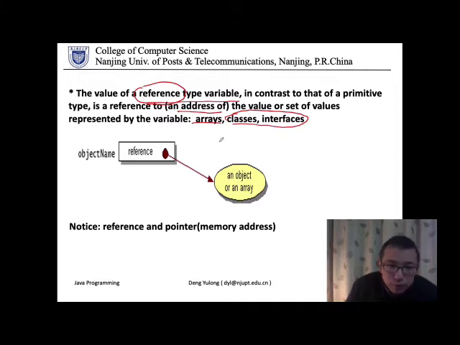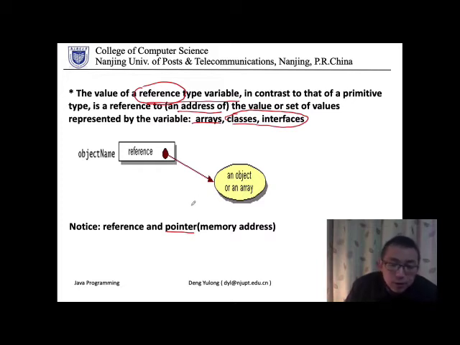So a reference variable here is similar to the pointer variable in other languages. In C or C++, you may have learned about pointers, this kind of variable, that inside the pointer we have an address. We use this address to access the items inside memory at that address.